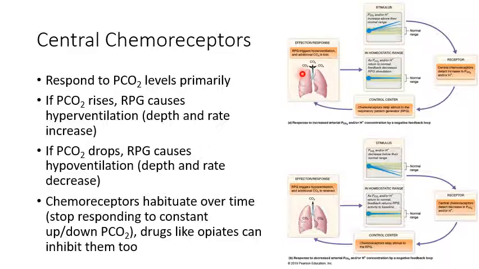Then the PCO2 will go back down, and that information will also be relayed to the RPG. On the other hand, if your PCO2 levels go down, then the RPG is going to cause hypoventilation instead. You're going to breathe less quickly and more shallowly.